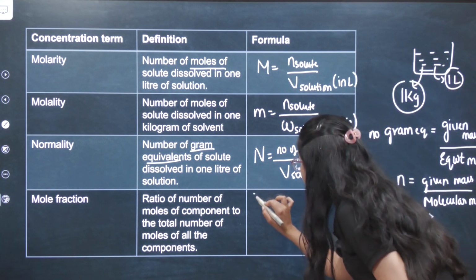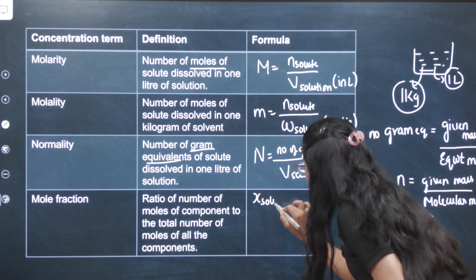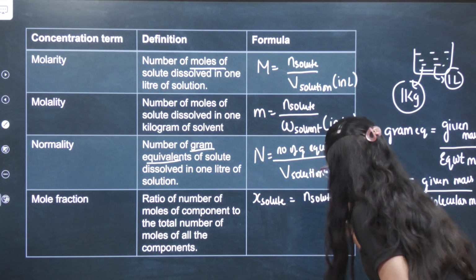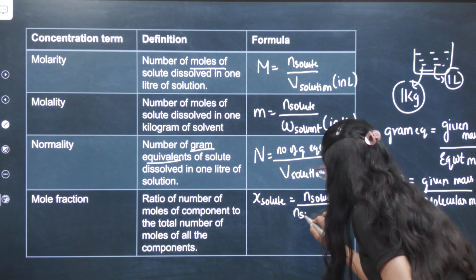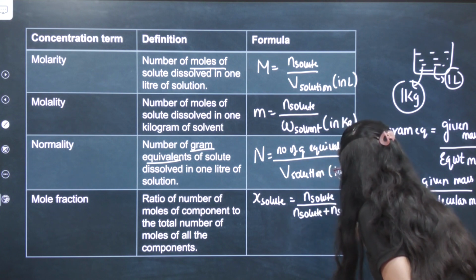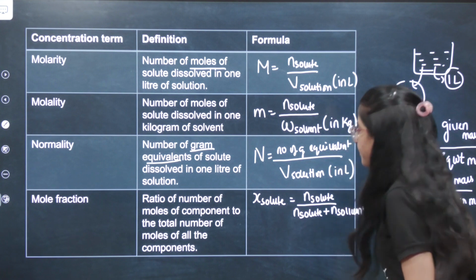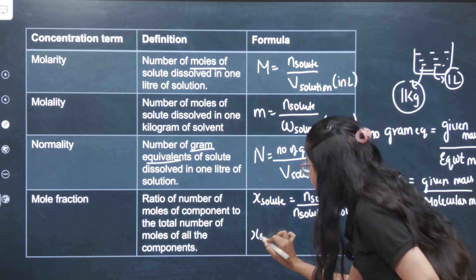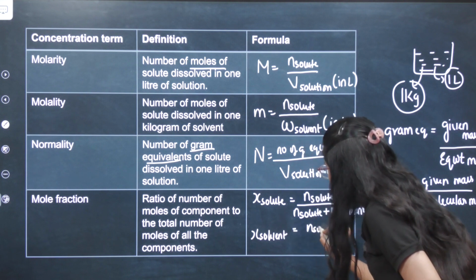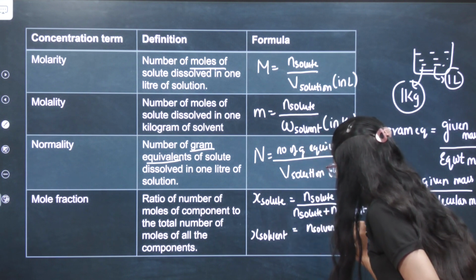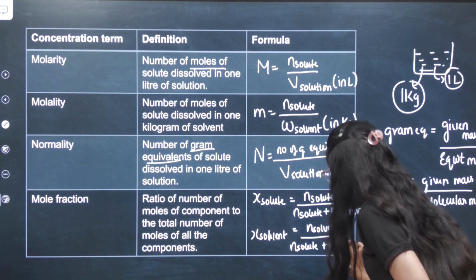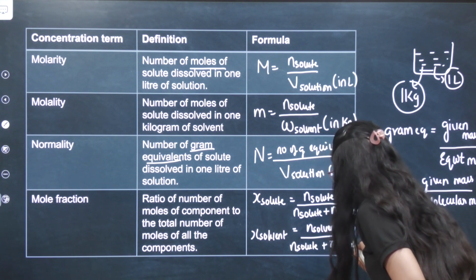So mole fraction of solute will be equal to number of moles of solute actually present divided by total moles of solution, that is number of moles of solute plus number of moles of solvent. Whereas mole fraction of solvent will be equal to number of moles of solvent divided by number of moles of solute plus number of moles of solvent.